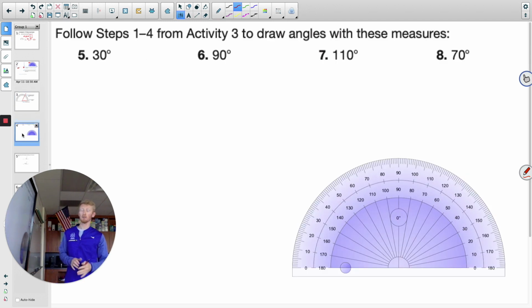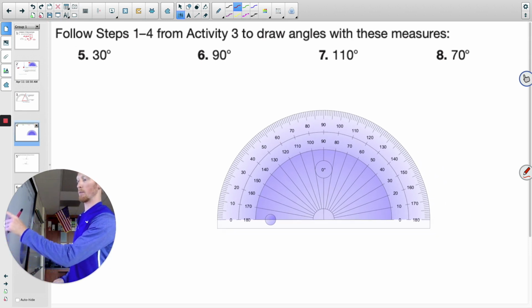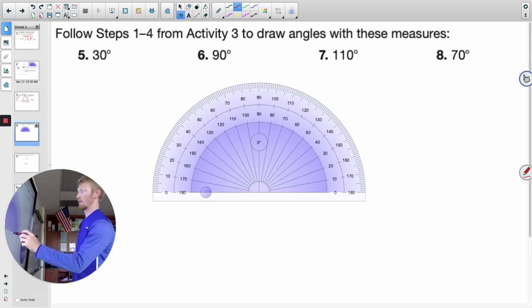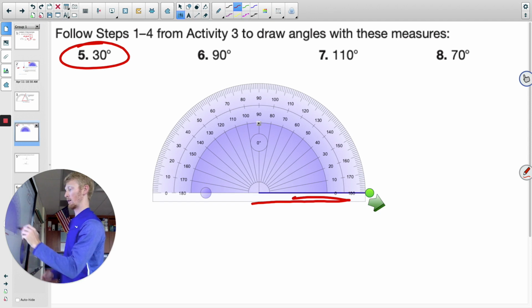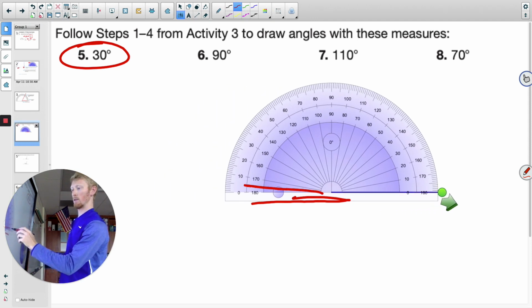All right, so if I wanted to create my own angle, then I just take my protractor here, and let's do number 5 here. It's 30 degrees.